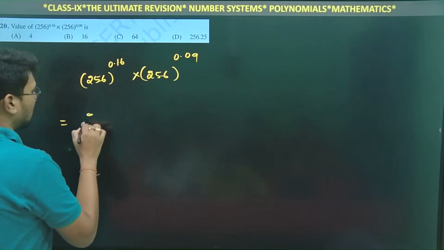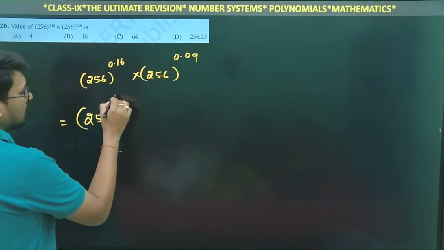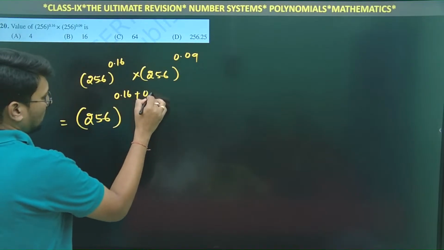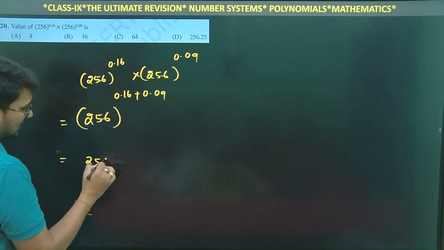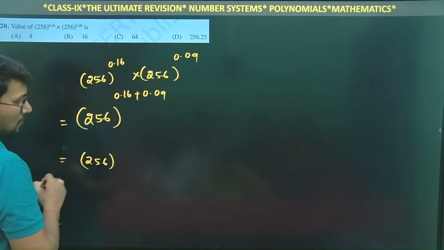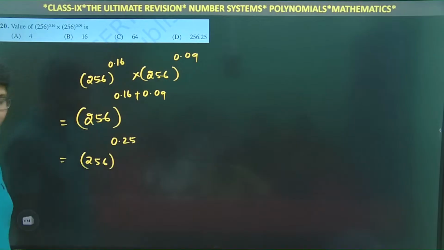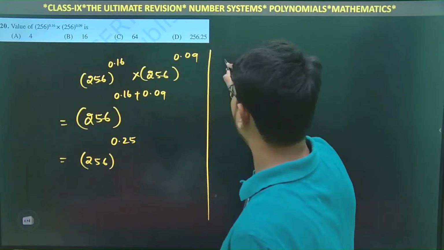So it will become how much? 256 whole to the power 0.16 plus 0.09, which is 256 whole to the power how much? 0.25. Now बच्चों check करो.